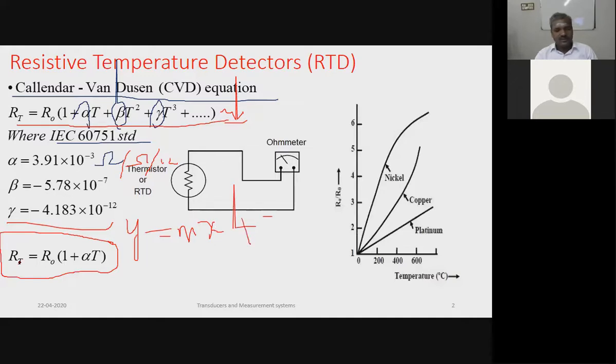So similar to this, RT equal to R naught plus R naught alpha T. This condition is satisfied when T equal to 0 degrees Celsius, that is, when T naught is considered as 0 degrees Celsius.